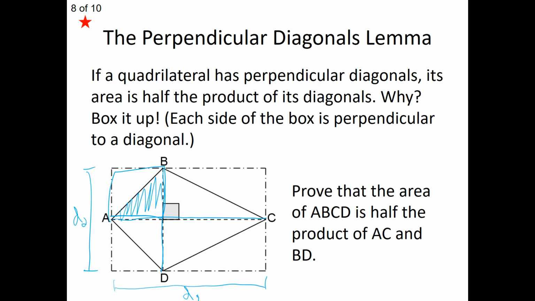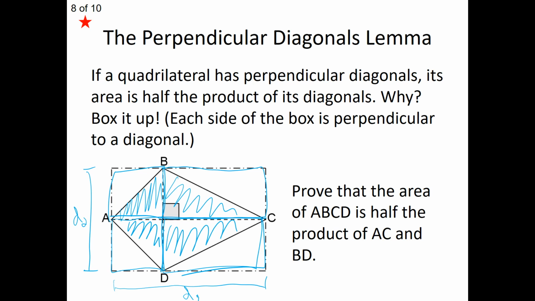Let's rinse and repeat that story for this section boxed up, where we have the shaded area and the unshaded area, and the shaded area is half of that whole. And we rinse and repeat for this boxed up part, where there's another shaded area that's half of the whole. And then we have our last boxed up area here, which means this part is also half the whole.